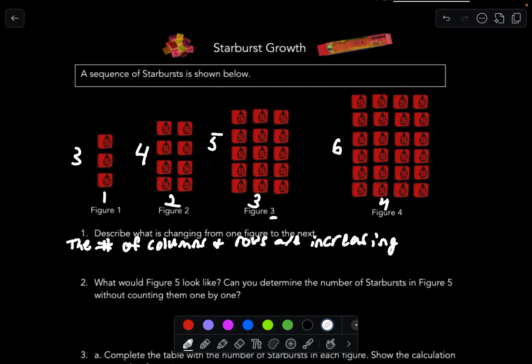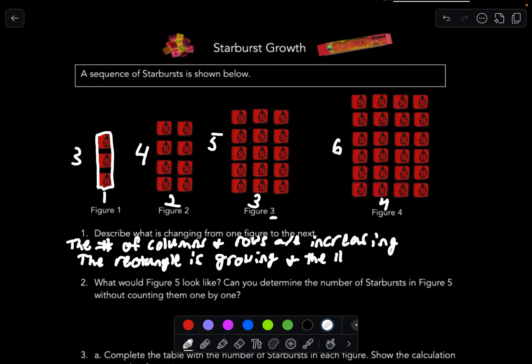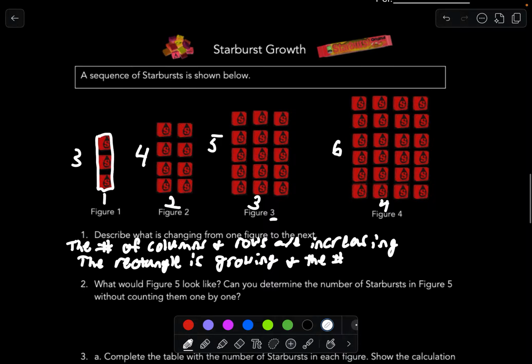Okay, the rectangle itself, if this is a rectangle, the rectangle is growing, and the number of starbursts is increasing.